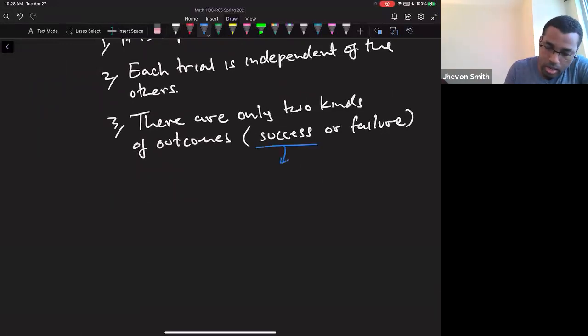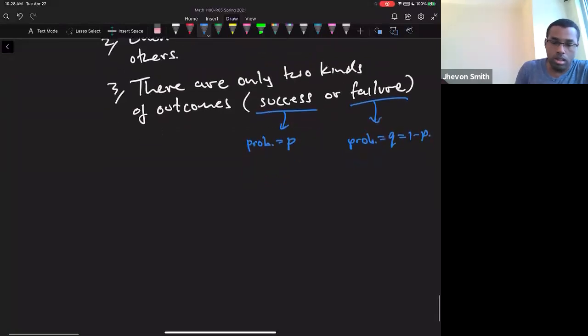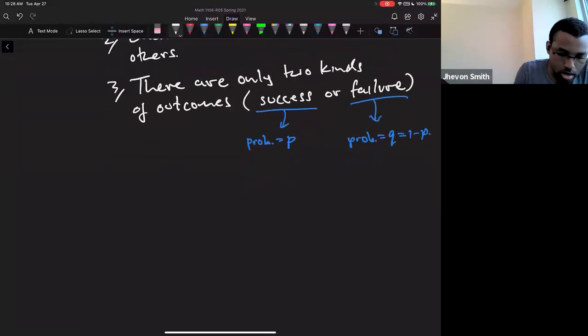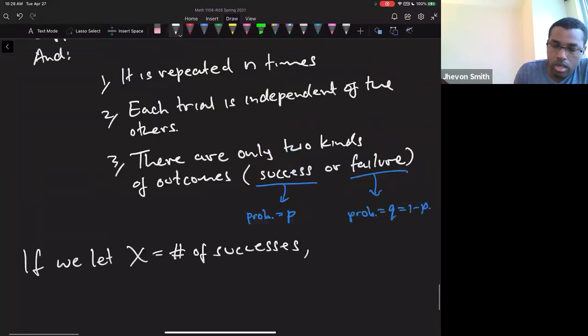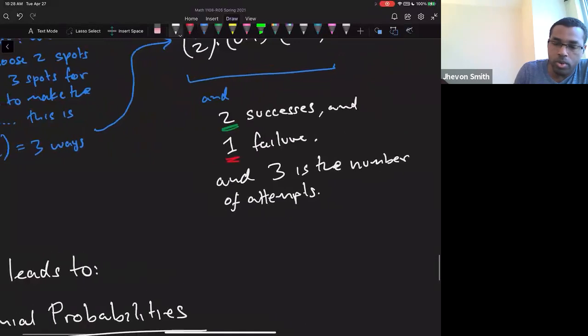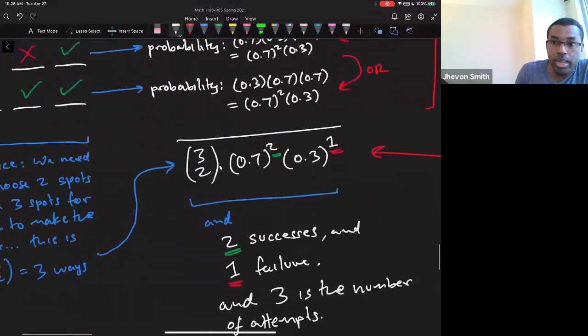So let's say here, the probability of success is P. And here, the probability of failure is Q, which of course you would know is 1 minus P. If we let X equal the number of successes, then that leads us to a nice formula that we sort of figured out the form of above with combinations.